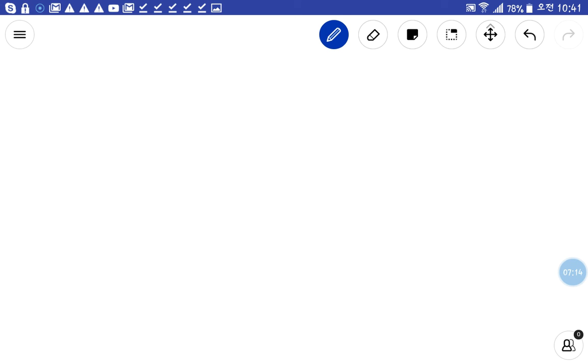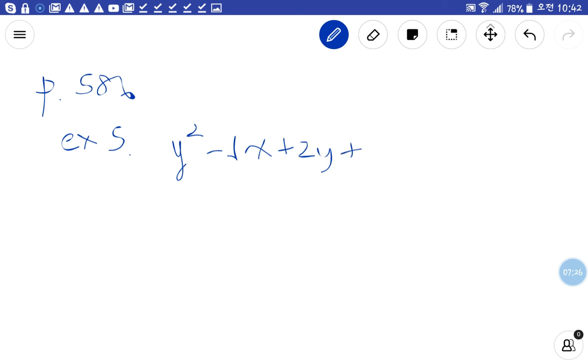Page 586, example 5. Prove that the graph of y^2 - 6x + 2y + 13 = 0 is a parabola, which means we have to make sure we have the standard equation of a parabola. Then you can find the vertex, focus, and directrix.